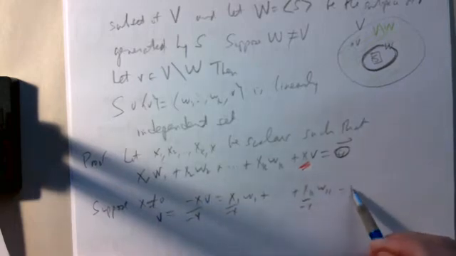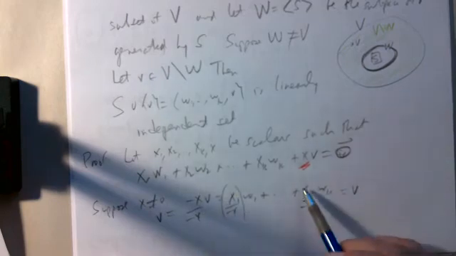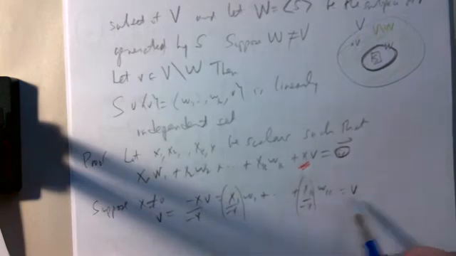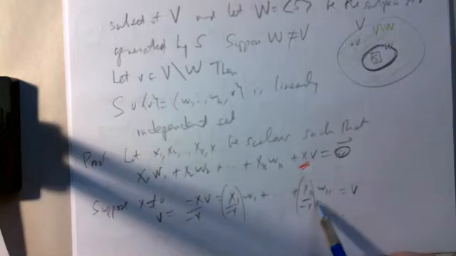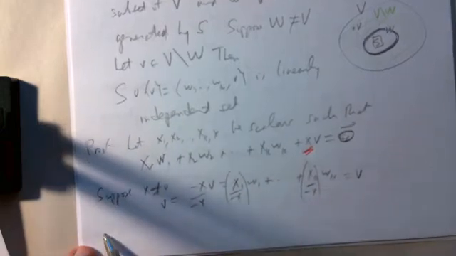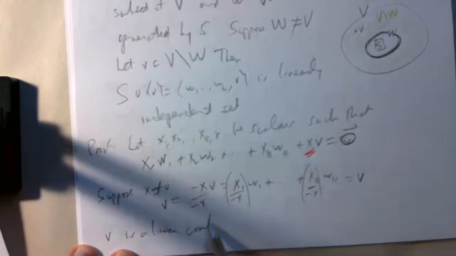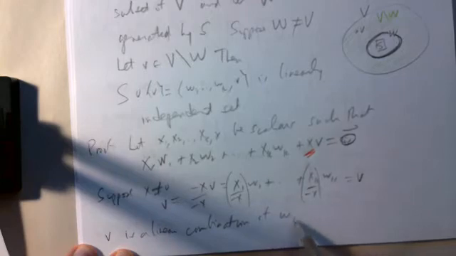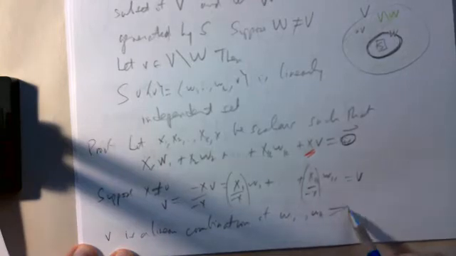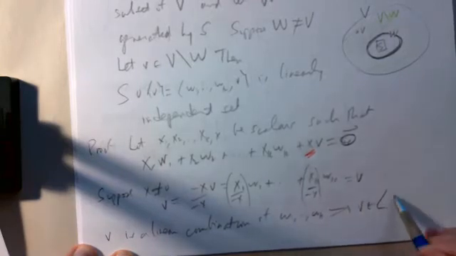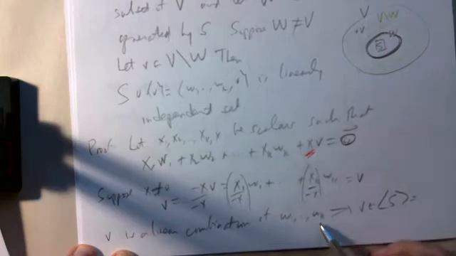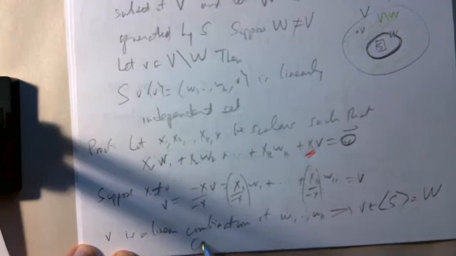So this is v. v is a linear combination of w1 up to wk, which means v is in the subspace that w1 up to wk generates, which is W, and that's a contradiction. That's false.